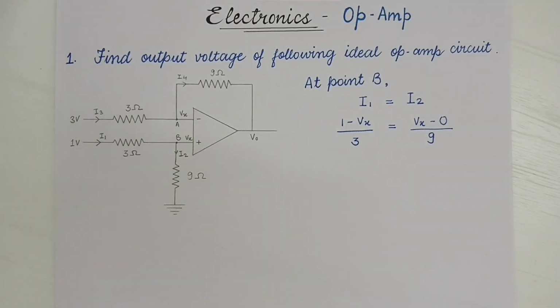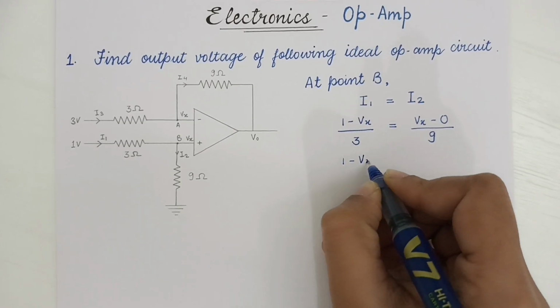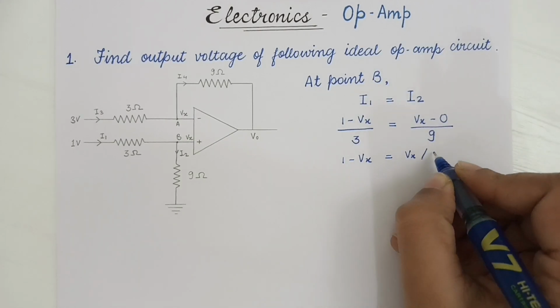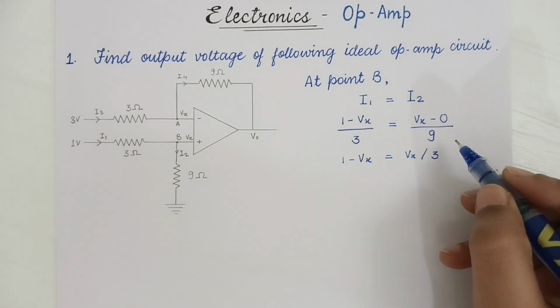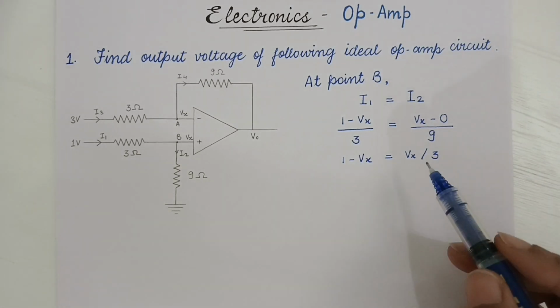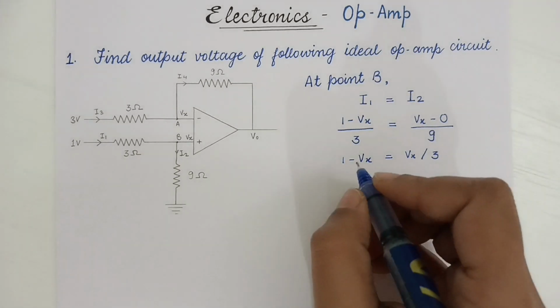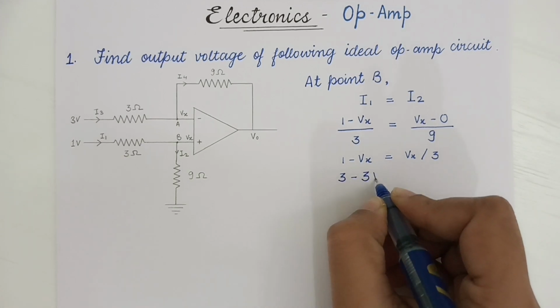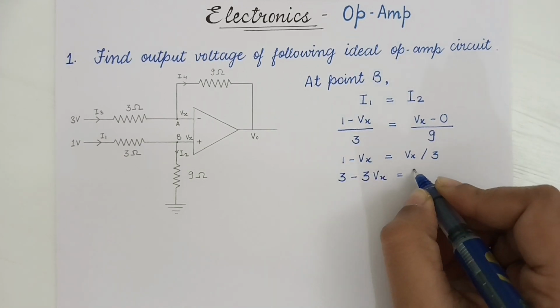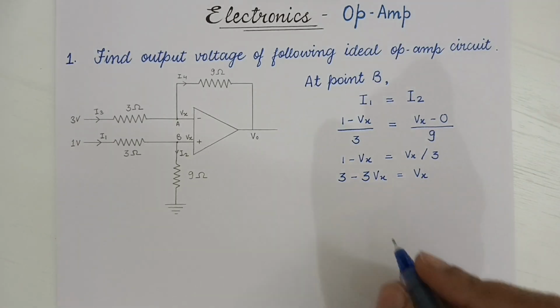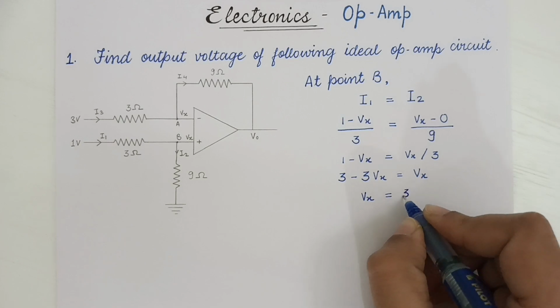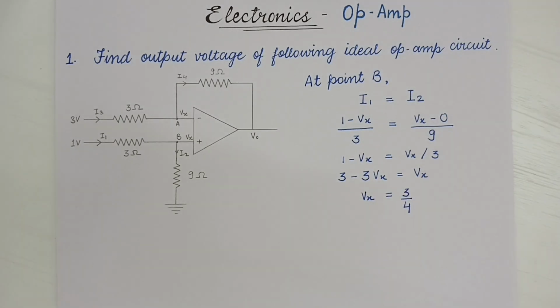Now just simplifying it, (1 minus Vx) is equal to Vx divided by 3. 3 ones 3, 3 times 9. So Vx by 3, and solving further we get 3 minus 3Vx is equal to Vx. So we get Vx is equal to 3 by 4. From here we get the value of Vx, that is 3 by 4.